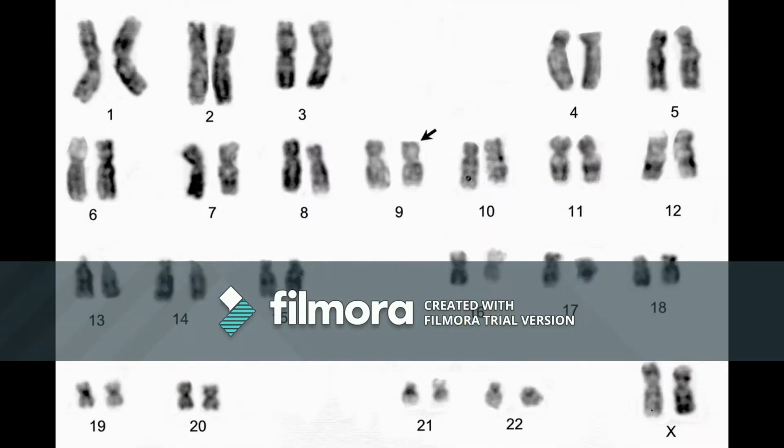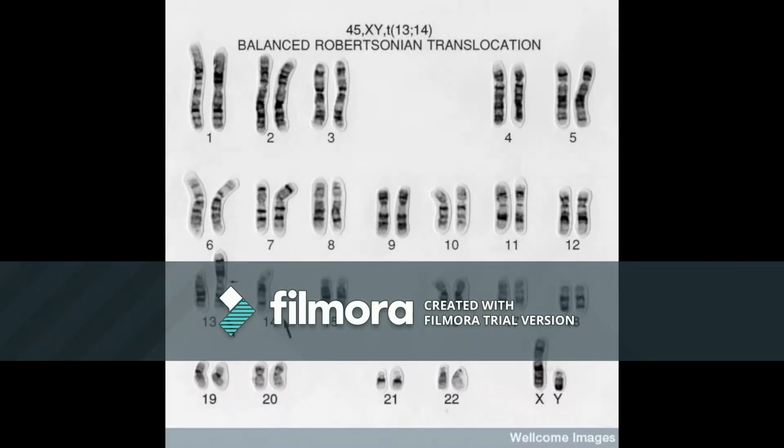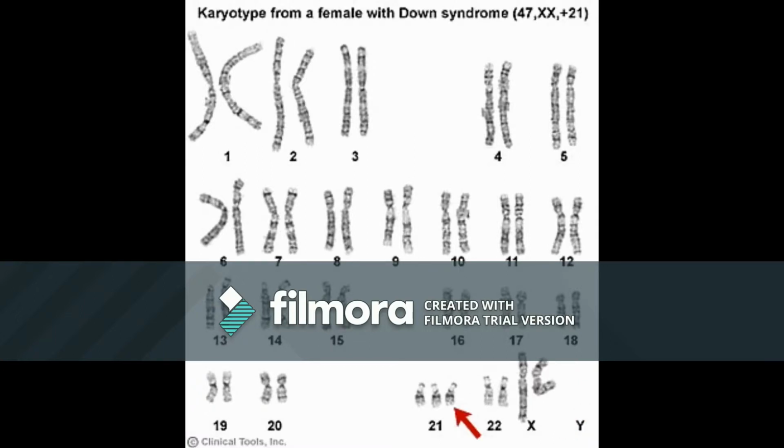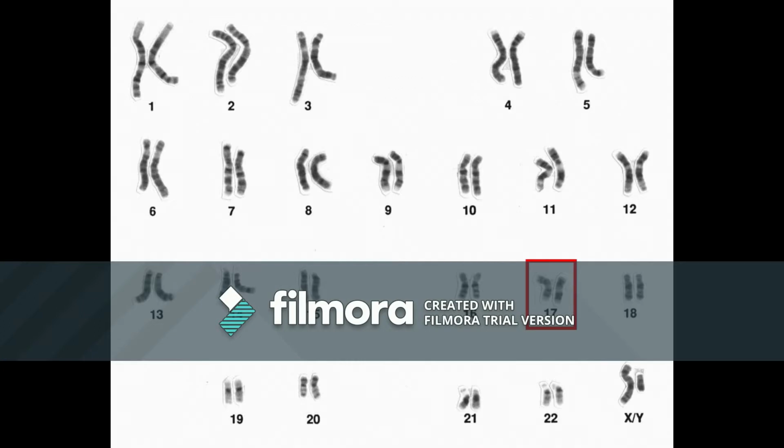Chromosomal disorders: chromosomes, distinct structures made up of DNA and protein, are located in the nucleus of each cell. Because chromosomes are the carriers of the genetic material, abnormalities in chromosome number or structure can result in disease. Abnormalities in chromosomes typically occur due to problems with cell division.